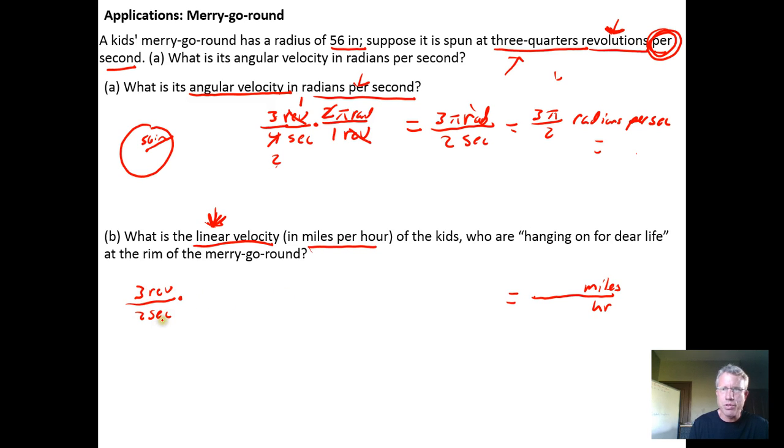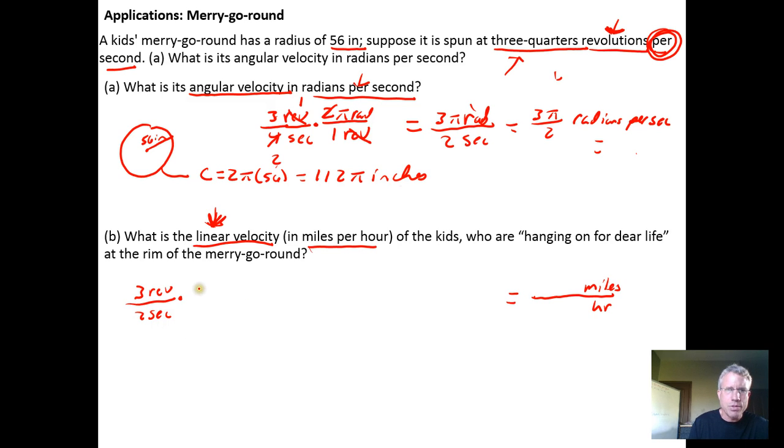So 3 revolutions per second, but this merry-go-round has a circumference that's equal to 2 times pi times its radius, and its radius is 56 inches. So this equals 2 times 56 is 112 pi inches. This is the distance around the merry-go-round, so it has to go this far each revolution.